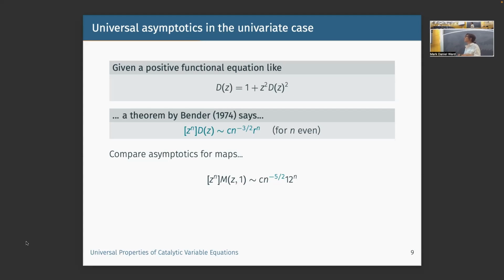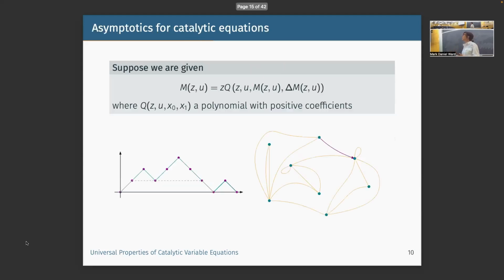the coefficients. So now we would think, okay, what if we add a catalytic variable? Maybe we always get this exponent as a characteristic exponent somehow. So especially we're now considering this M(z,u) equals z times Q. This z factor is important because it will guarantee that there's a unique analytic solution for the functional equation. And Q, we now assume is a polynomial with positive coefficients. Let me mention, we do not need the polynomial.